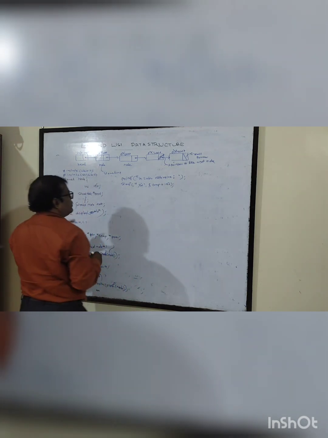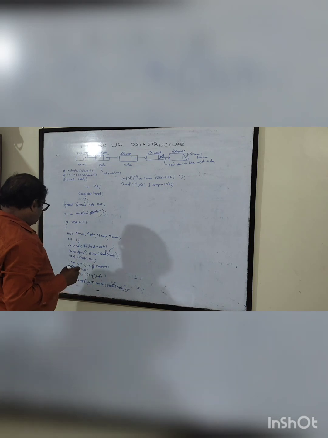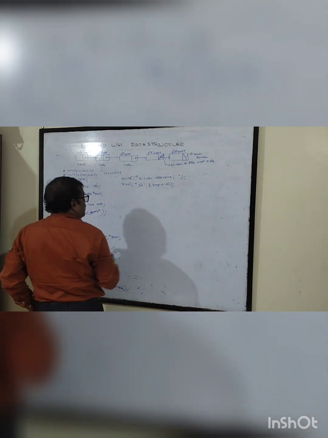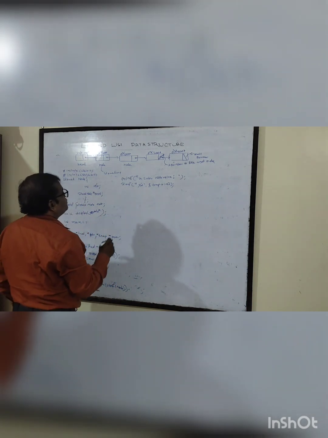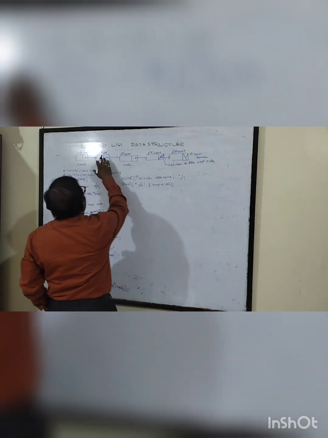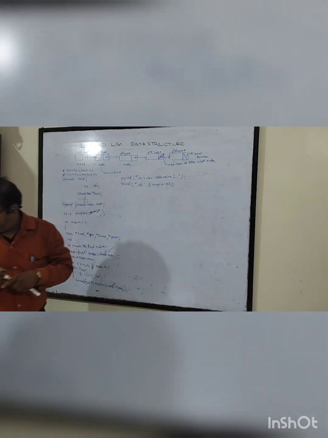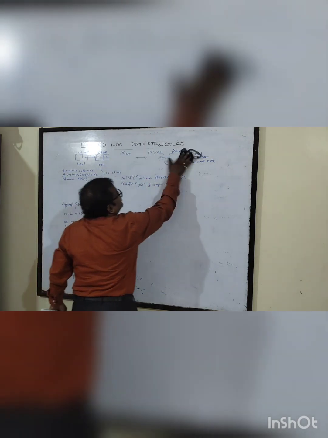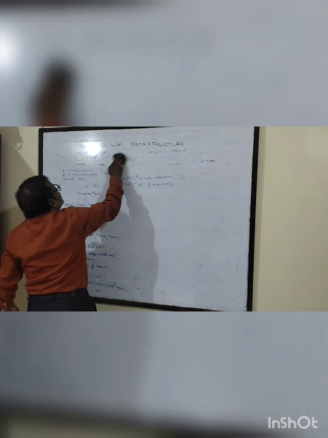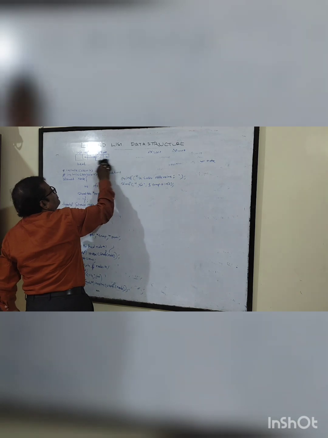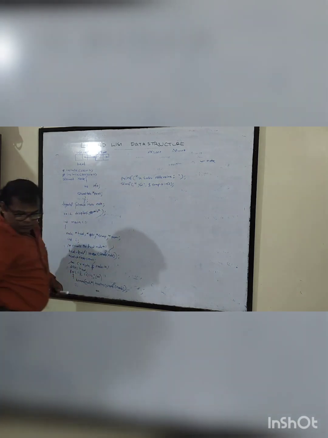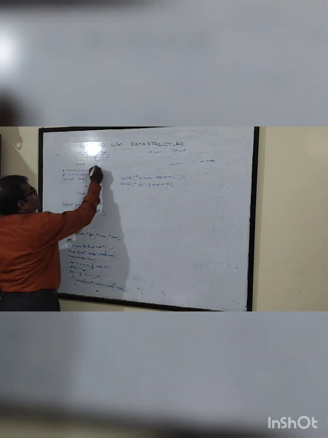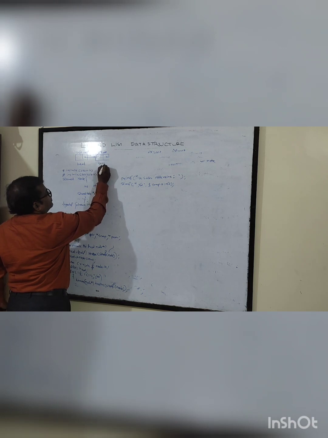So what is this idea? After doing this part, we have created the new node here. See this logic, how it works. Let me say we have created this temp node.